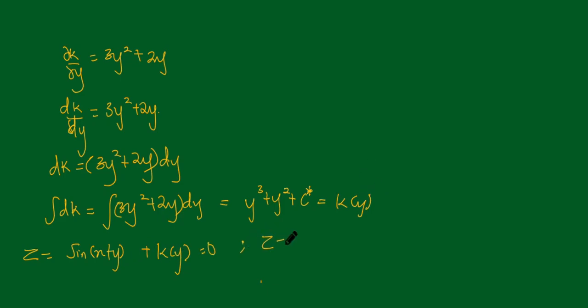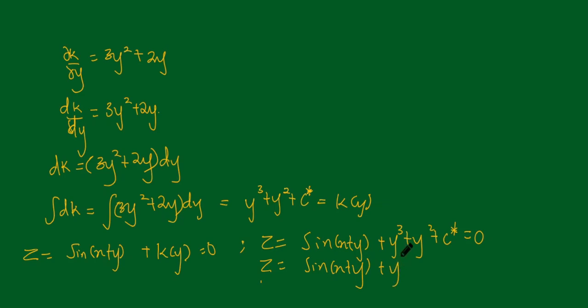So our z becomes sin(x + y) plus y cubed plus y squared plus c asterisk, which is equal to 0. So we can write this as sin(x + y) plus y cubed plus y squared is equal to minus c asterisk.